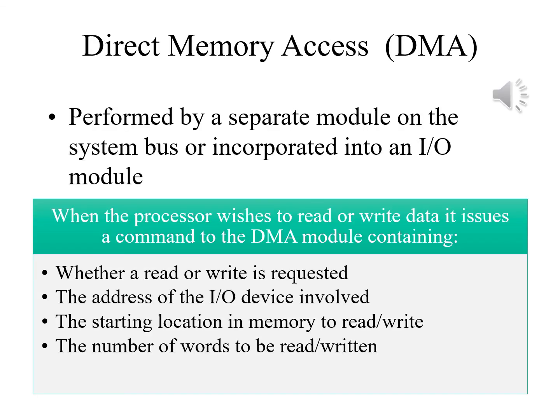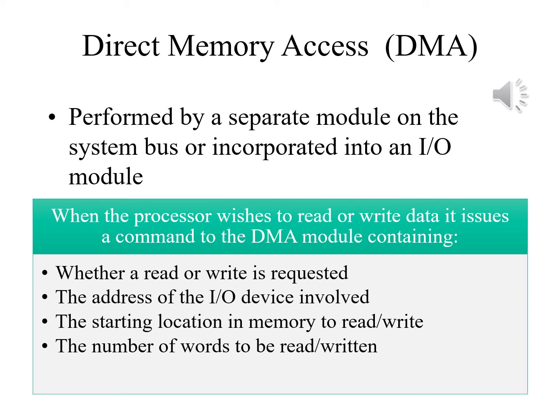When large volumes of data are to be moved, a more efficient technique is required: direct memory access, or DMA. The DMA function can be performed by a separate module on the system bus, or it can be incorporated into an I/O module. In either case, the technique works as follows.